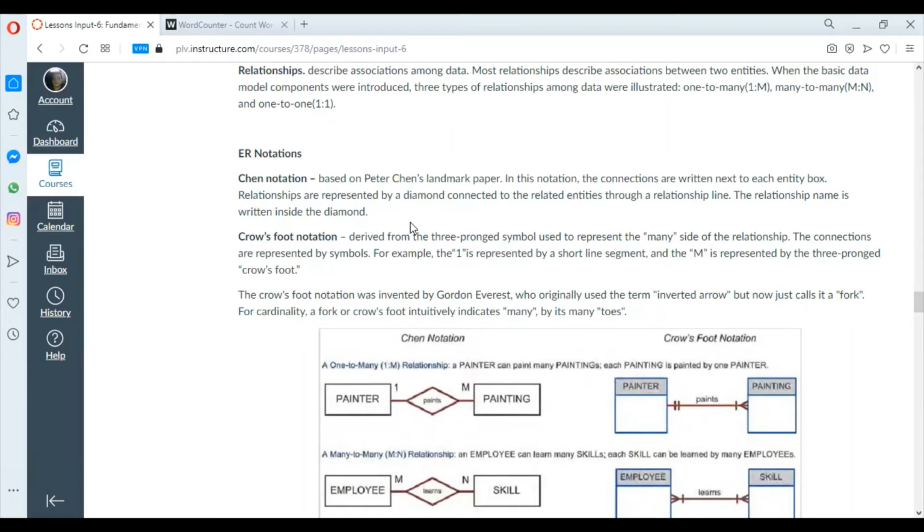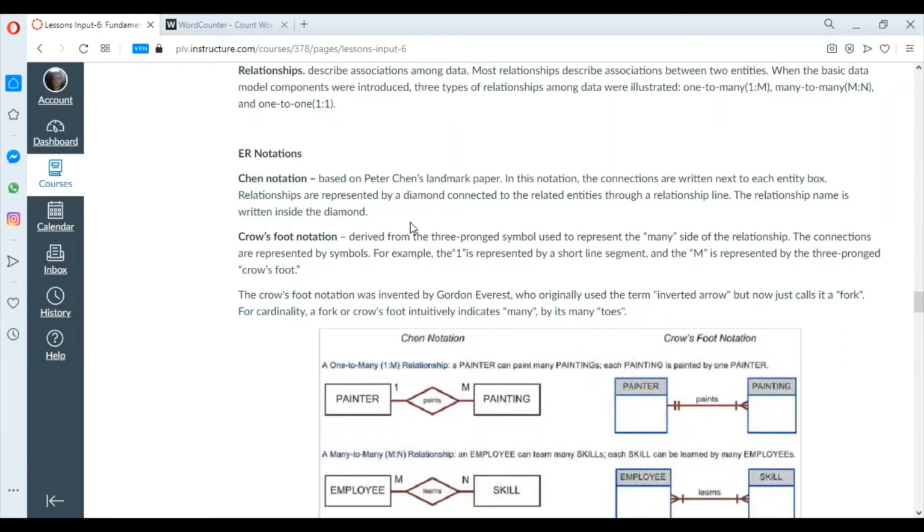We also have the Crow's Foot notation, derived from the three-pronged symbol used to represent the many side of the relationship. For example, 1 is represented by a short line segment and M is represented by a three-prong or crow's foot. The crow's foot notation was invented by Gordon Everest, who originally used the term inverted arrow, but now just calls it a fork.